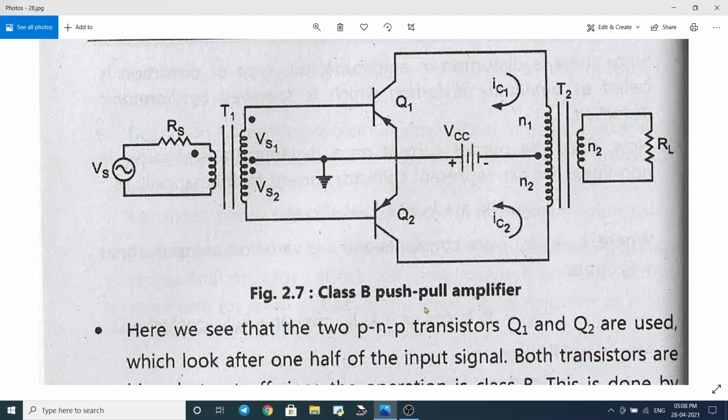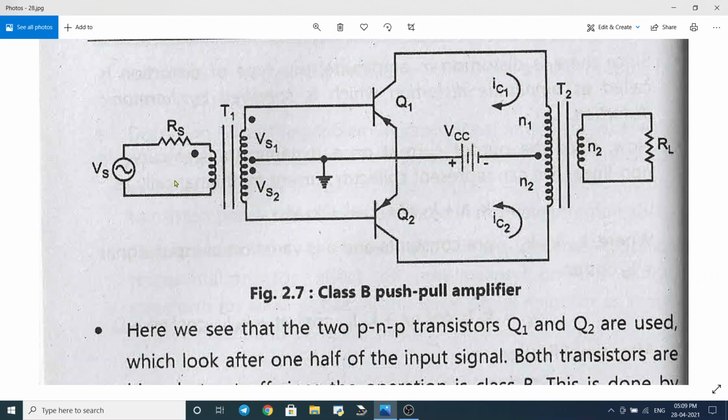And it is called push-pull because during the positive half cycle, transistor Q1 turns on, it gets saturated and it conducts the maximum current.